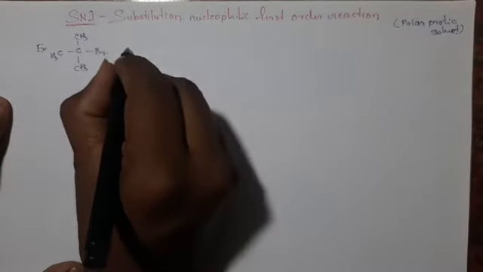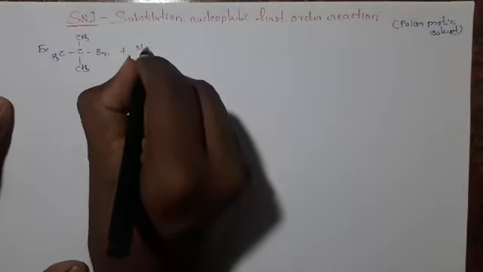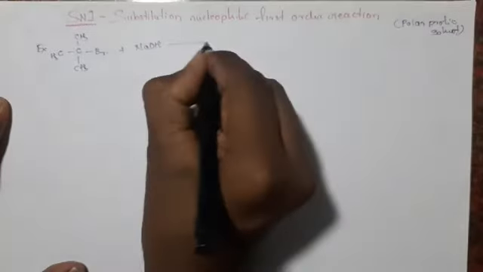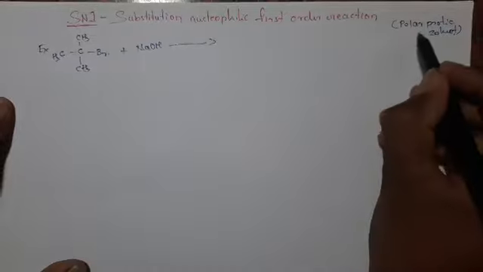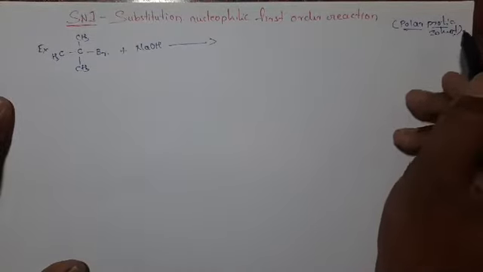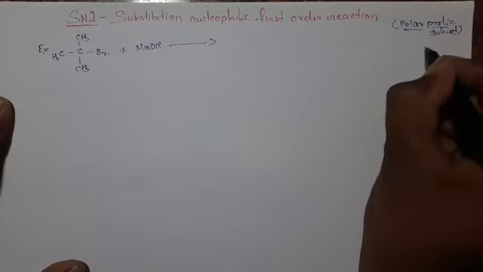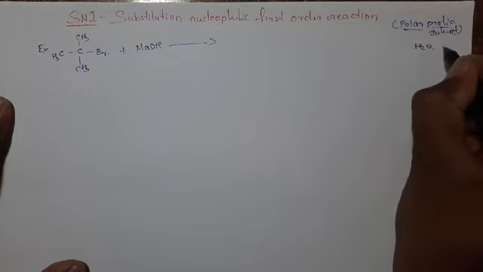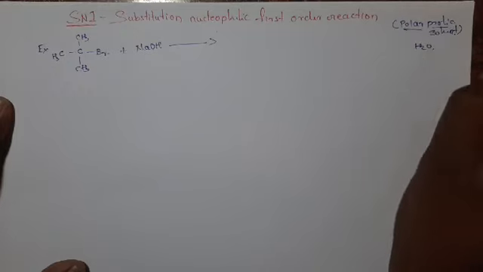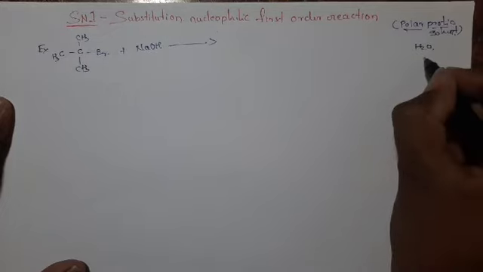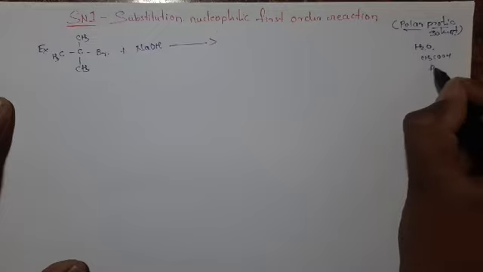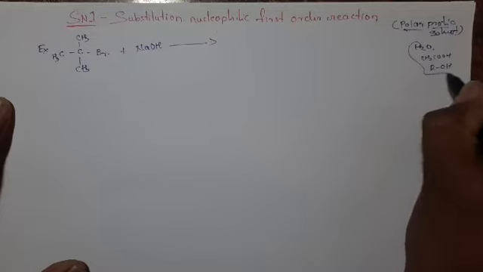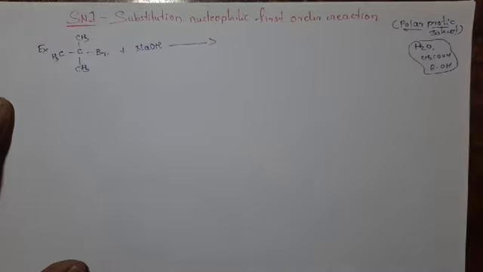It is heated with base sodium hydroxide, and this reaction is carried out in polar protic solvent. Polar protic solvents may be water, acetic acid, alcohol, etc. These are all polar protic solvents, and SN1 reactions are carried out in polar protic solvent.